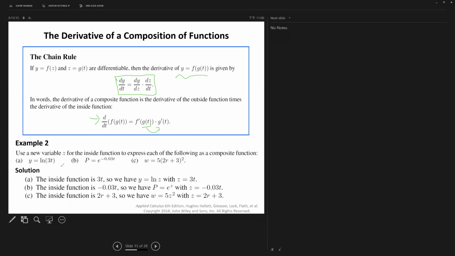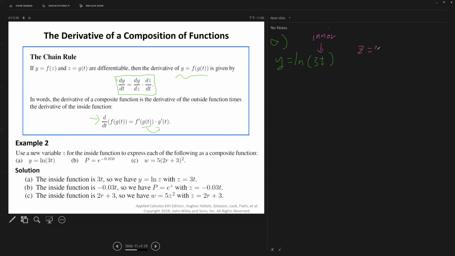Right, so on the bottom, we have three examples. Let's look at A. Y is equal to ln of 3t. Okay, so the inner function is the 3t, right? This is the inner function. Let's replace it with some other variable. Let's say z.